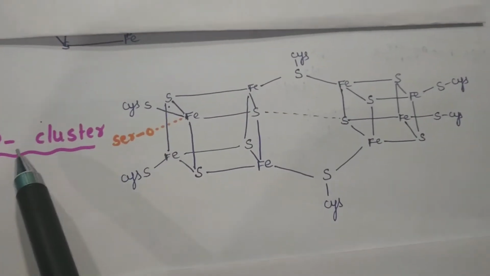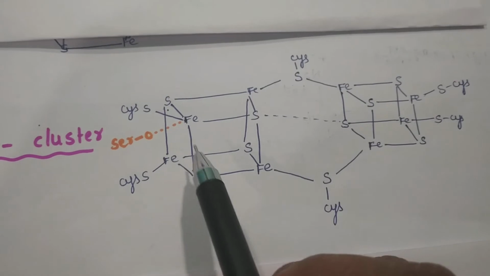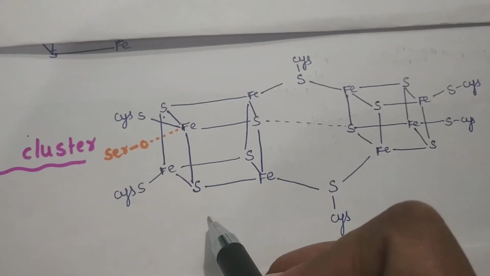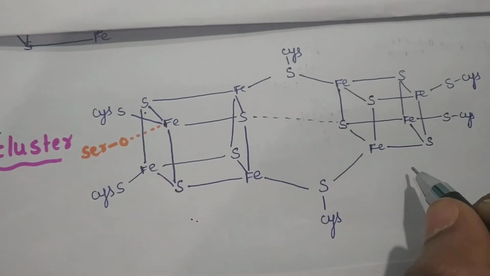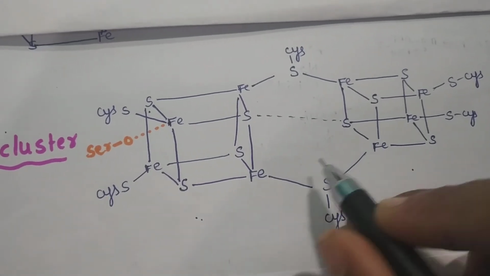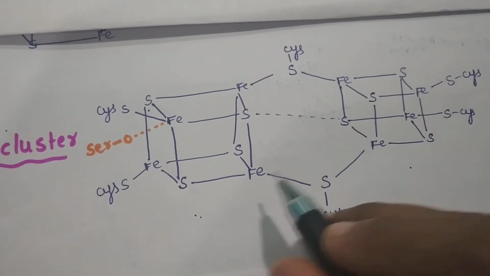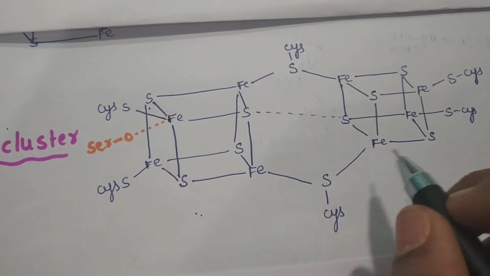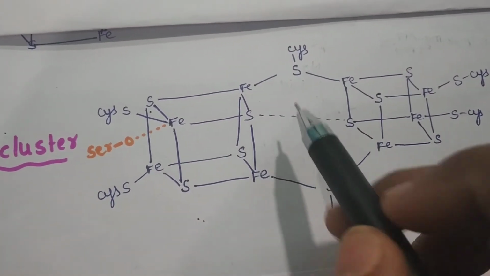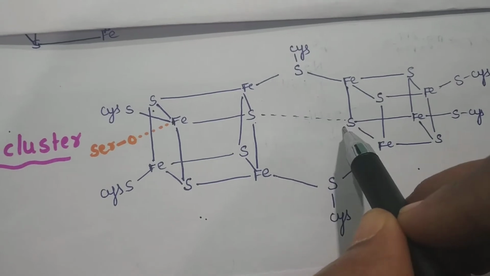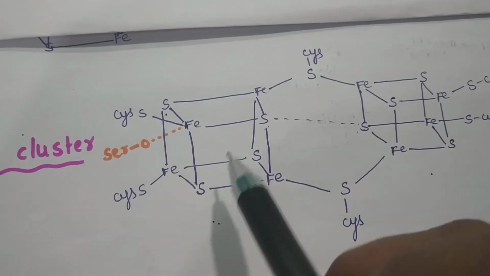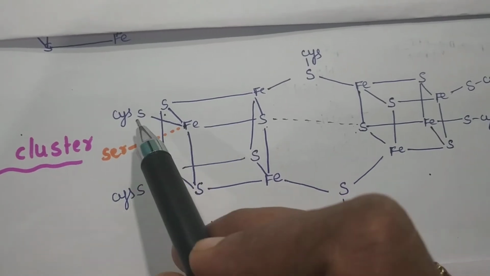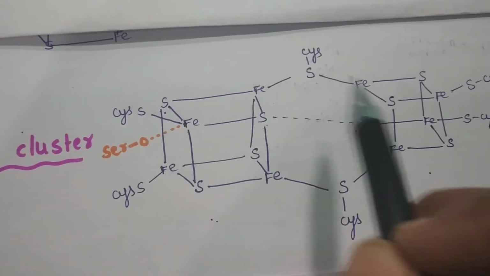This is the structure of the P cluster. In this P cluster, we have two Fe4S4 units. These are ferredoxin-type Fe4S4 molecules, attached through S-S bonds, and all the iron atoms are attached to cysteine sulfurs.